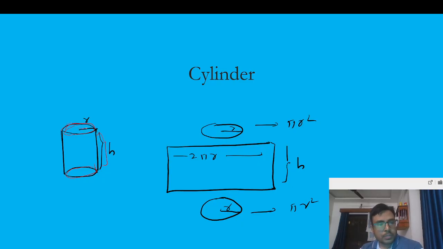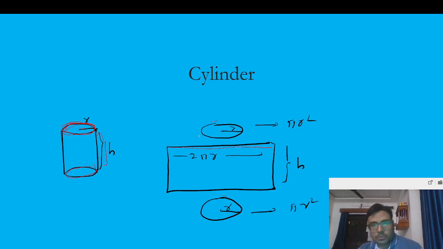So if you cut from here and open this, it forms like this only. This is the upper part, this is the lower part, and this is the length. This length is nothing but perimeter of this part. So perimeter of circle is 2 pi r, and this is the height given.